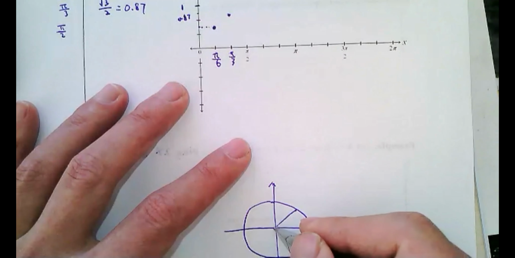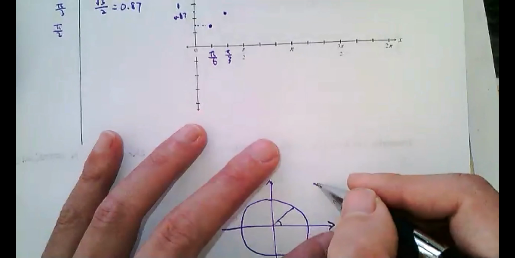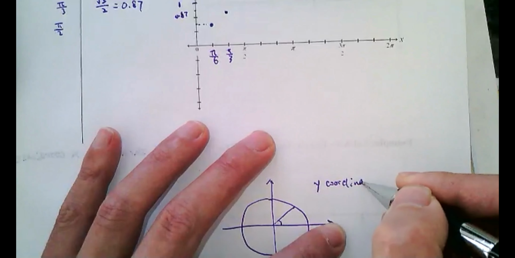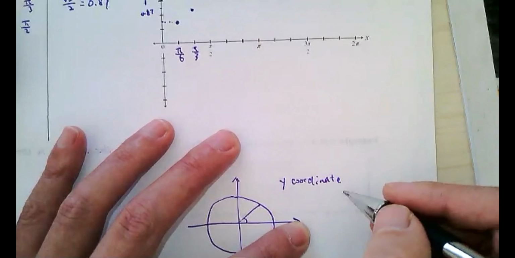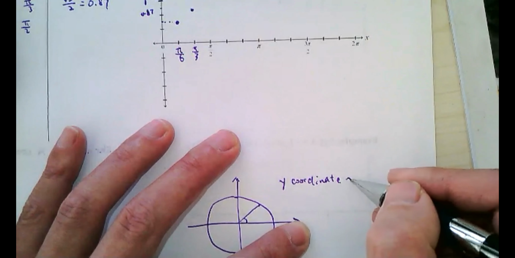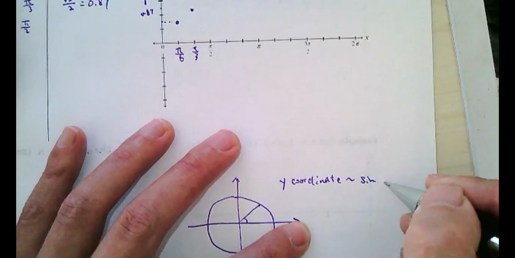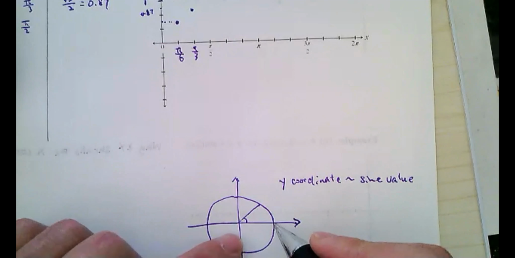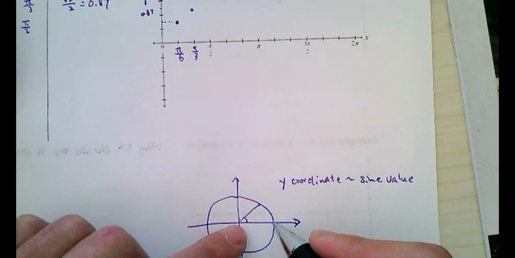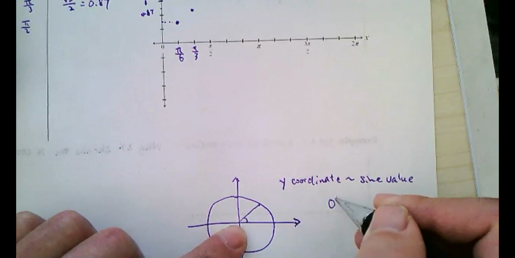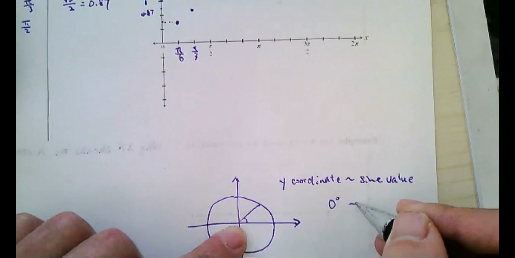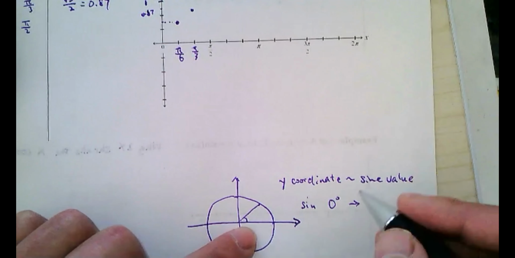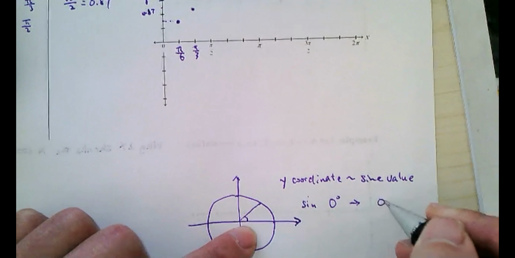For any angle, the y coordinate corresponds to the sine value, right? So when it was here, 0 degrees, what's the y value corresponding to sine 0? It is just 0, right?